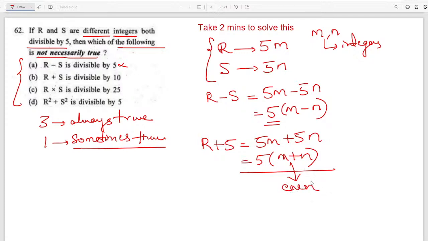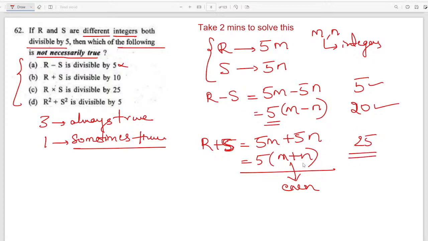If m plus n is an odd number, for example, 5 and 20, these both are multiples of 5, but when we add these two, it will become 25. This is not a multiple of 10.